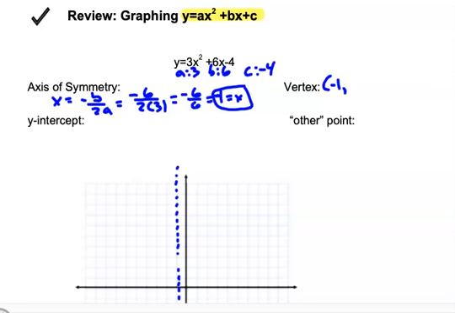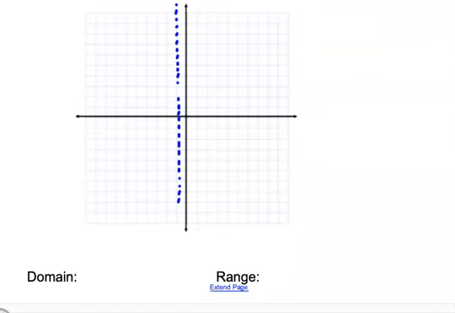You could go to the calculator for this if you wanted, but 3 times negative 1 squared plus 6 times negative 1 minus 4 would give you a positive 3 minus 6 minus 4. So it looks like here we should have negative 7. Okay. So what that means is at negative 1, down here at negative 7, I have my vertex.